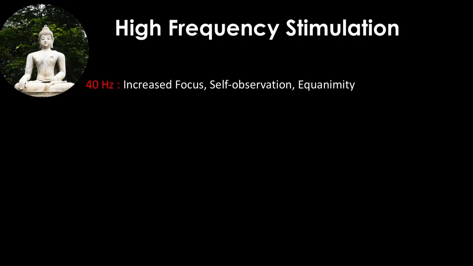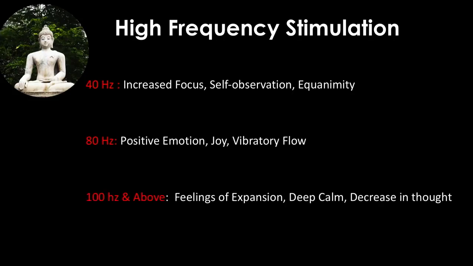Then if we can do that, what is the result of doing that? Typically at 40 hertz, people start to report increased focus, increased self-observation, equanimity. At 80 hertz, you get more positive emotion, joy, vibratory flow. At 100 hertz and above, feelings of expansion and deep calm, decrease in thought.